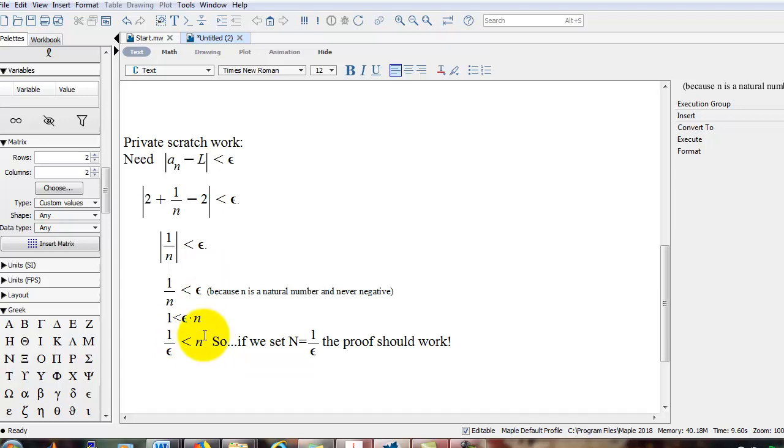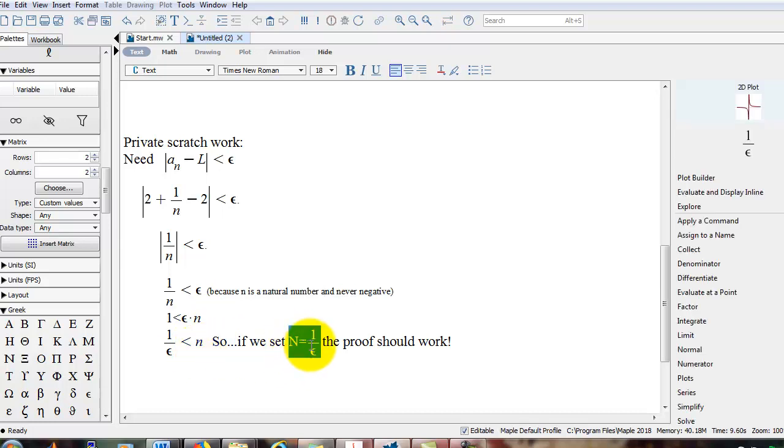In other words, as long as our little n values are bigger than this 1 over epsilon quantity, the definition of a convergent sequence will work. And in the proof, the little n is always strictly greater than the big N. Bottom line, we need to set capital N equal to 1 over epsilon.